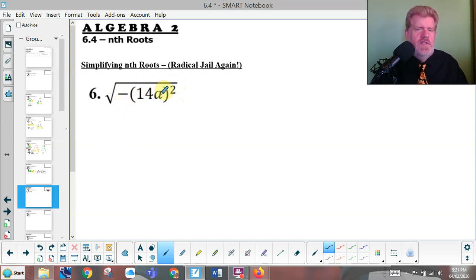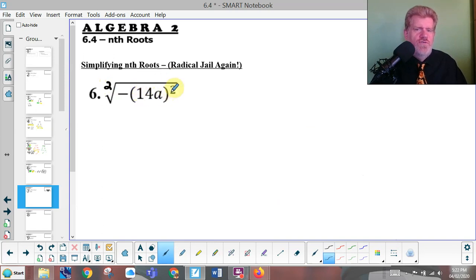Now this 14a, it's both being squared. So if you think about what we just did, remember there's a 2 out here, an imaginary 2. We don't put the 2 out there. We just assume that it's there. But I'm just going to put it there so we have a reference right now. So remember, what does this say really?